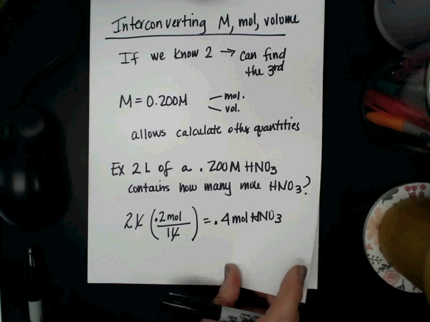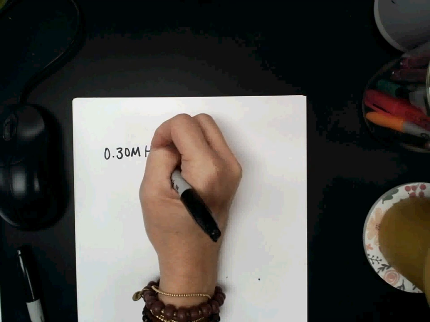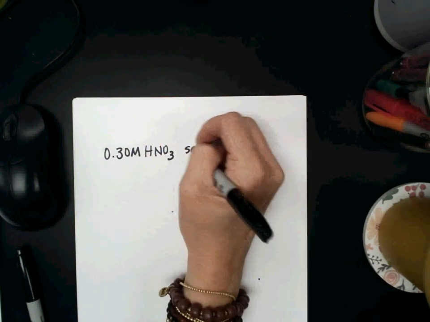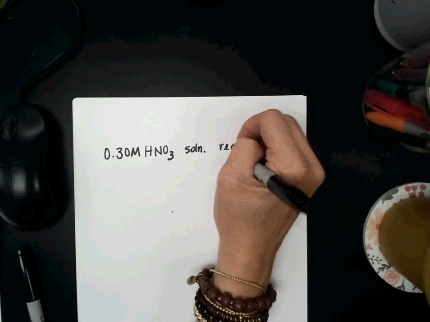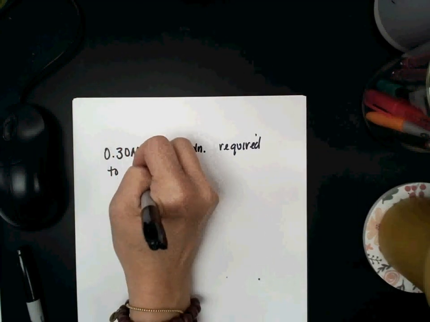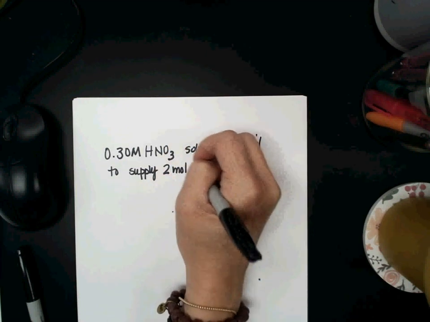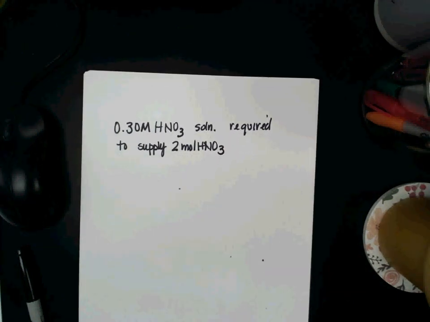Now let's look at the third one on your sheet. Calculate the volume of 0.30 molar nitric acid solution required to supply 2 mole of nitric acid.